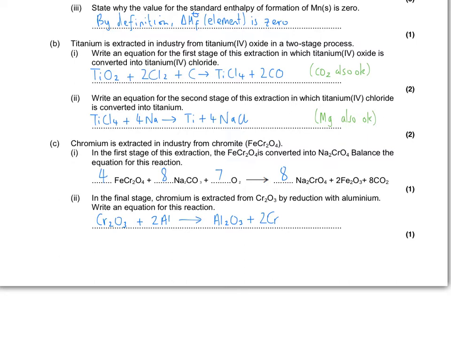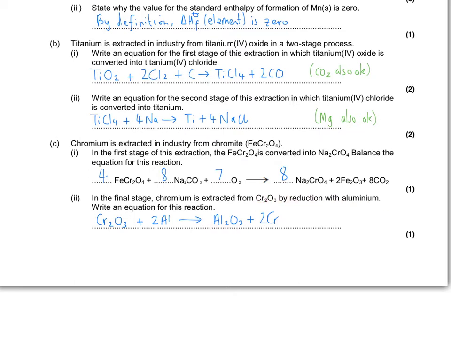And now the oxygens. If you count these oxygens, you'll find it comes to 54. In these compounds, it comes to 40. So 7O2 means the extra 14. In this question, reduction with aluminium, what you've got to consider here is the formula of aluminium oxide.